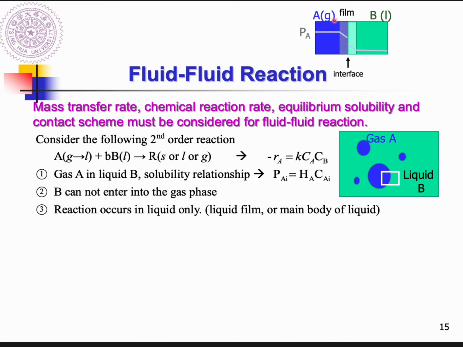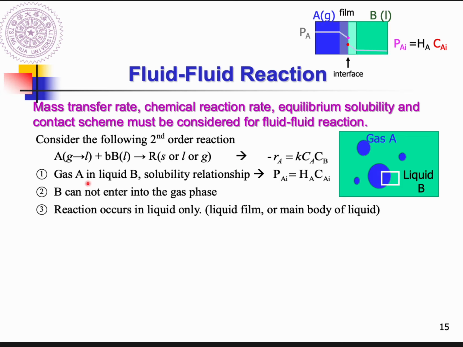Gas A will diffuse through this gas film and arrive at the interface between the gas and the liquid. It will dissolve based on Henry's constant, and we can get the concentration of reactant A in the liquid phase. Then molecule A will diffuse through this liquid film layer and arrive at the bulk liquid.